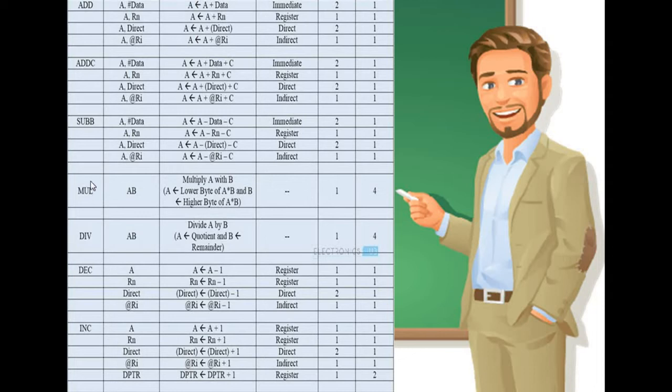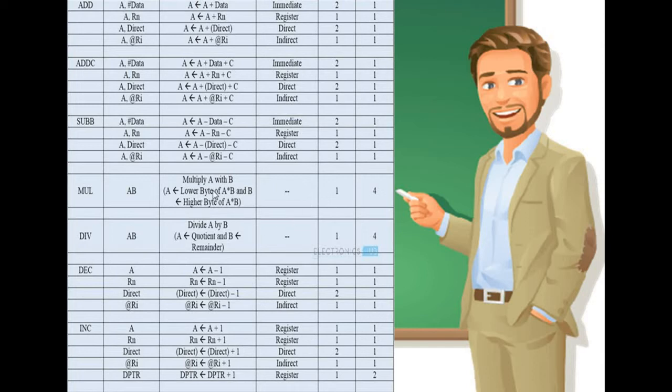Coming to the next, multiplication, MUL. Here the instruction will be MUL AB, or sometimes we write MUL with A and B. Here A is multiplied with B, where A is the accumulator.